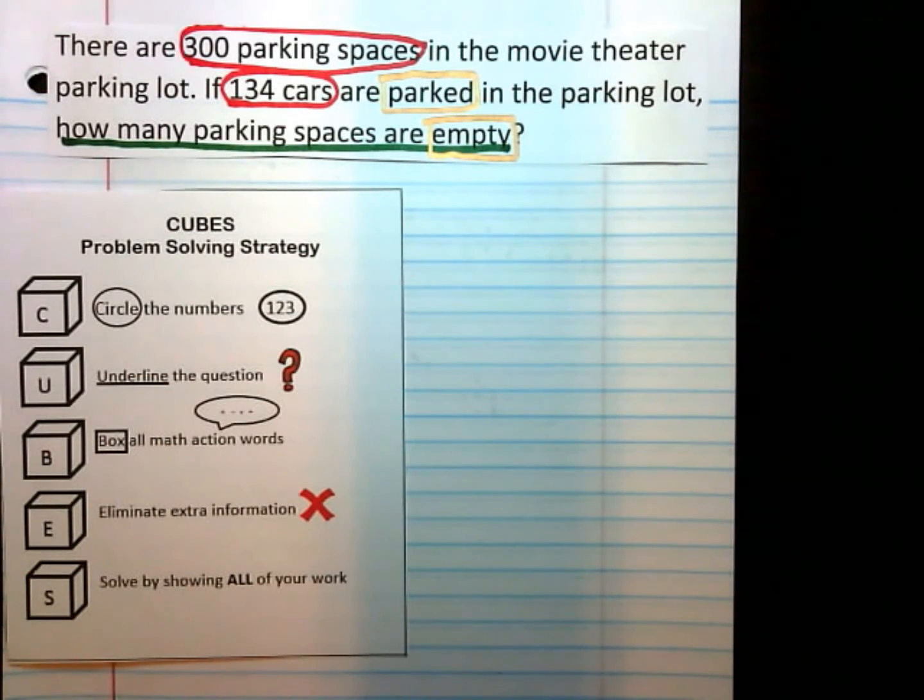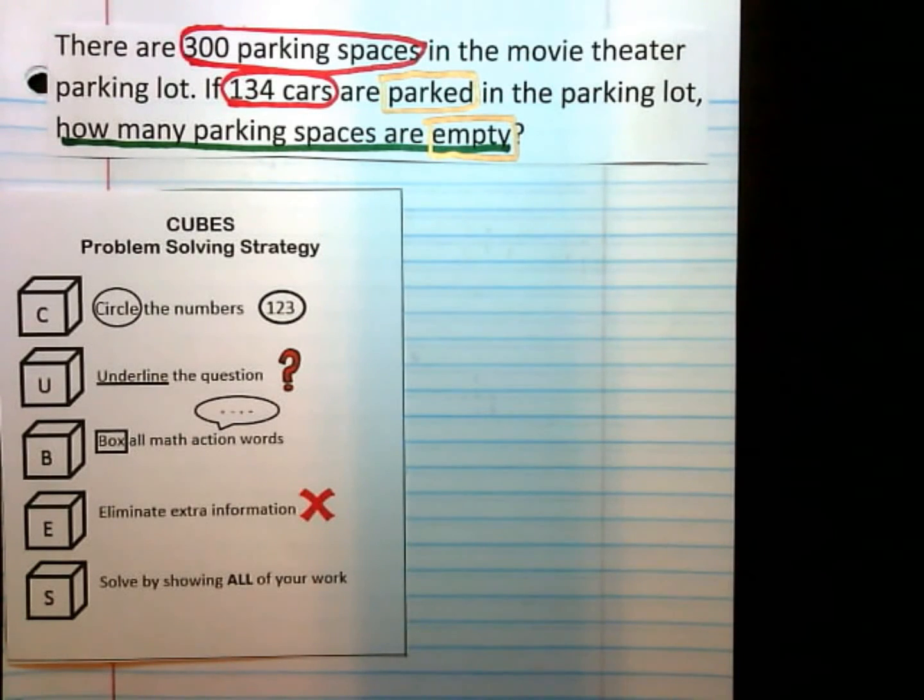What we do in class is we close our eyes and we read the problem again and really think about it and put a picture in our mind so that we know what we're working with. So if I read the problem one more time, close your eyes and imagine what this problem is saying. See if you can see a picture in your brain. There are 300 parking spaces in the movie theater parking lot. If 134 cars are parked in the parking lot, how many parking spaces are empty? So think about, what did you see in your brain?